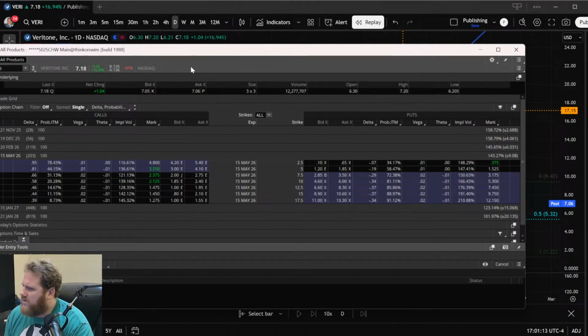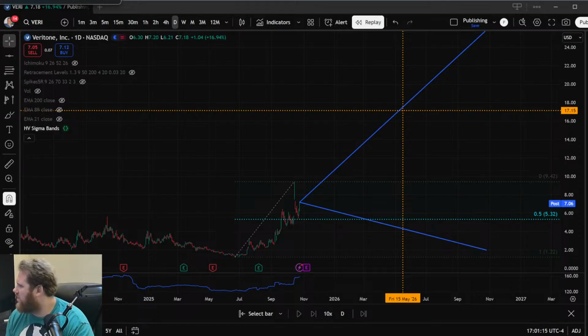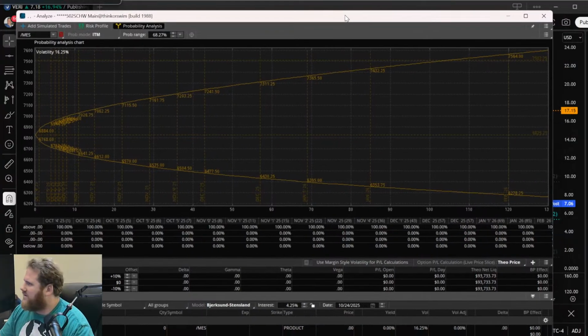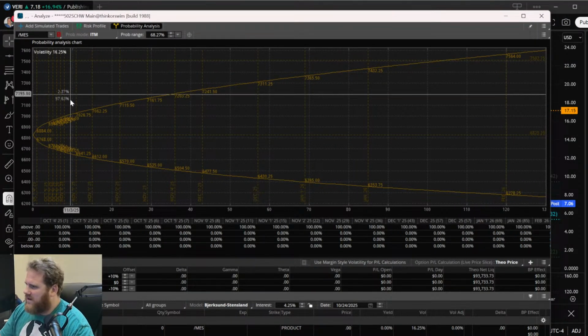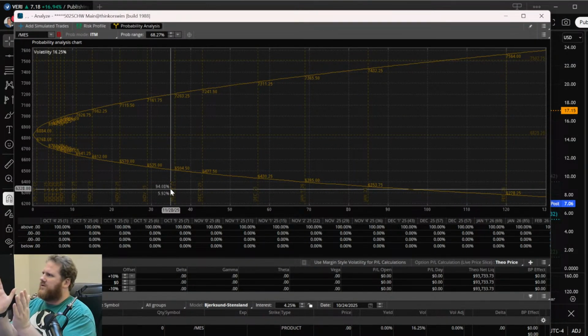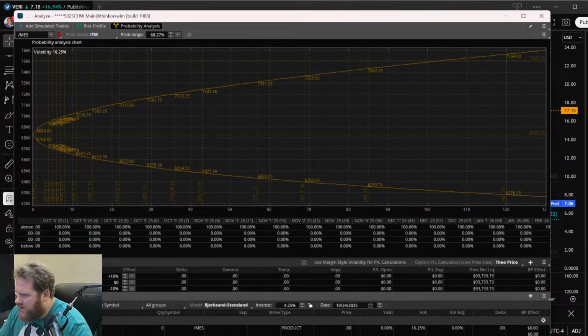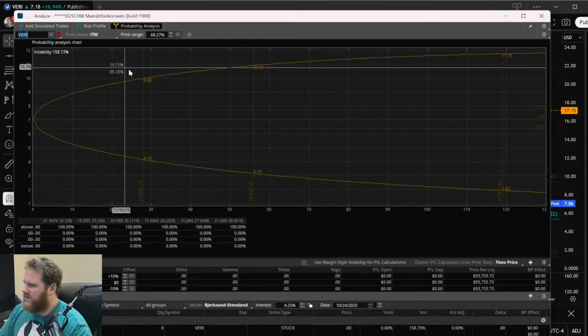Hold on, let's see if I can do something here. I think I remember how to do this. What this is inspired by is this. You may or may not have seen this. This will be the probability analysis. That's MES. Very... okay, that's better.